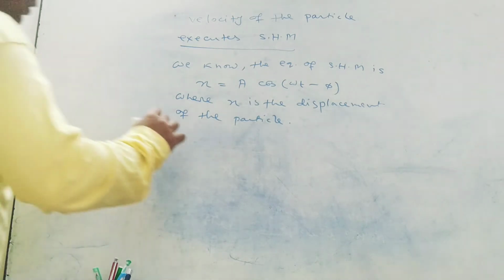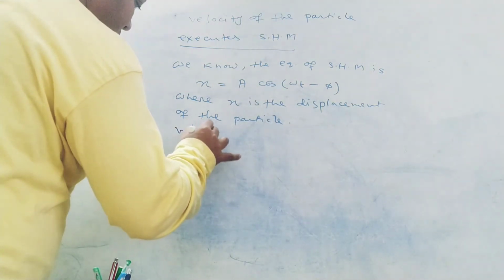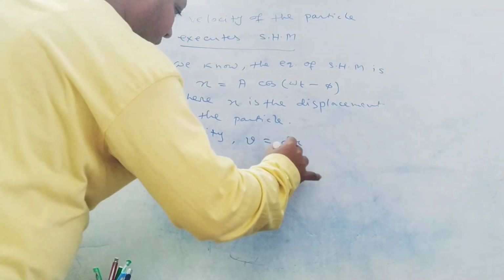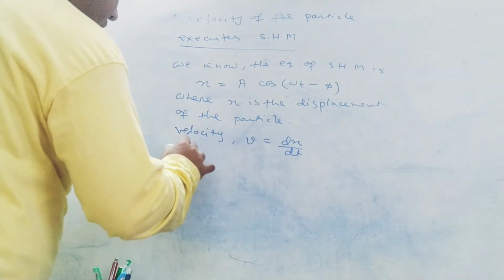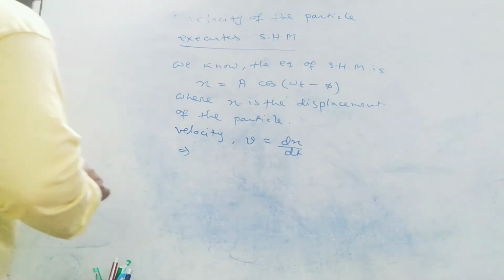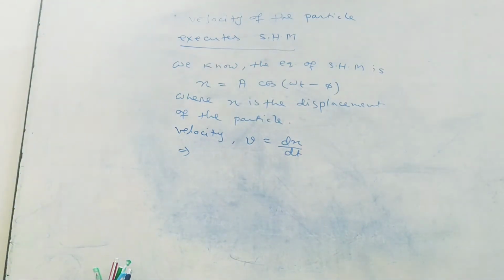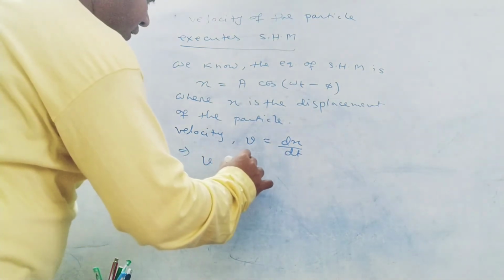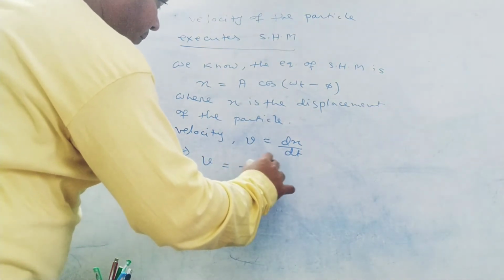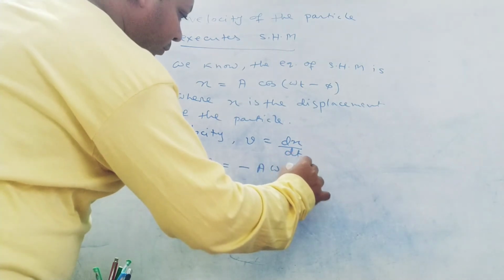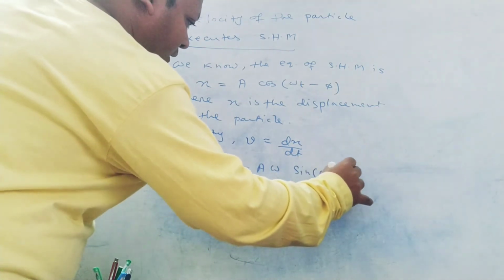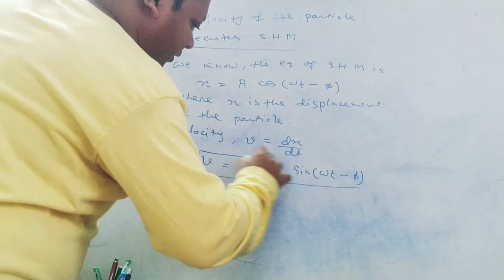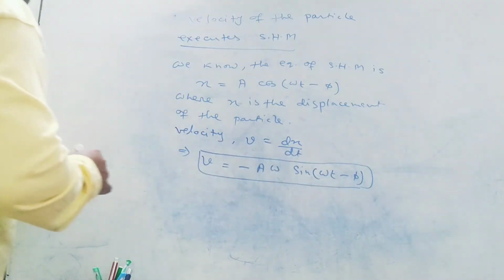Then velocity v is equal to dx by dt, that means differentiation of displacement of the particle with respect to time t. Therefore v is equal to minus A omega sine omega t minus phi. This is the expression of velocity of the particle.